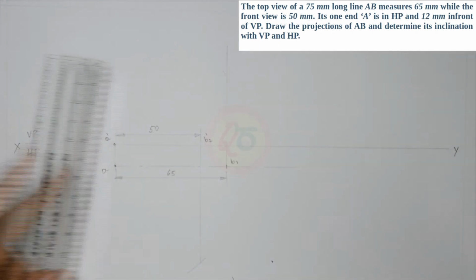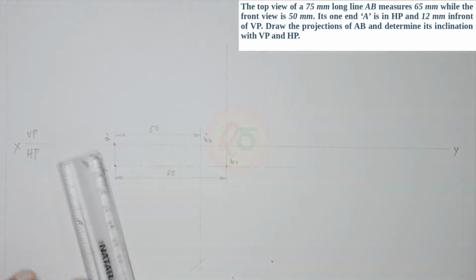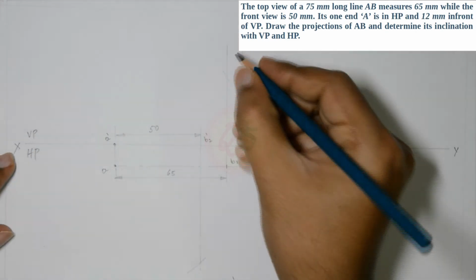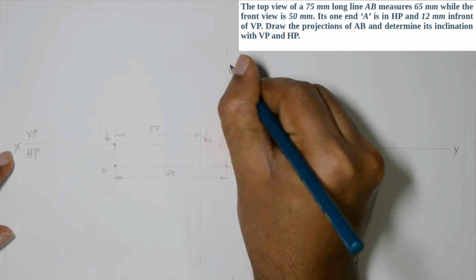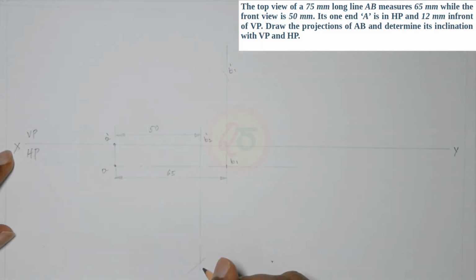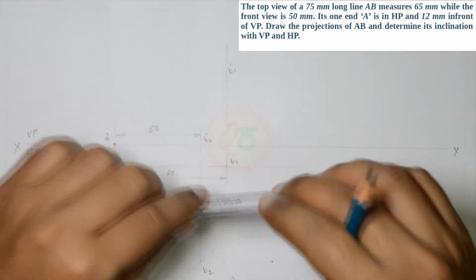This point is B1 dash, and this is B2. Now, I need to draw the locus on these lines.